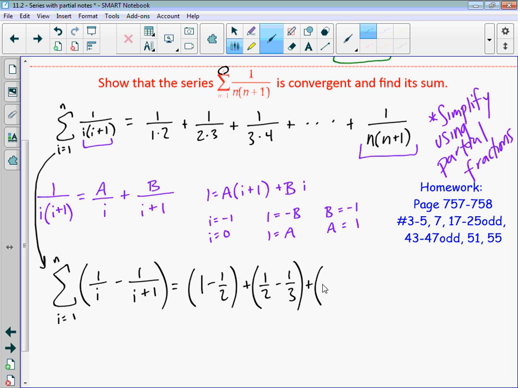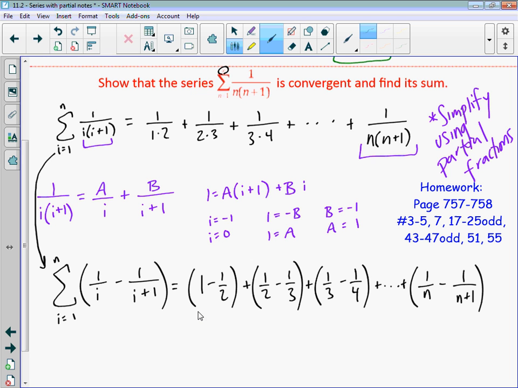Plug in the next one. We get a third minus a fourth. And then I'm going to do a dot, dot, dot here. And let's plug in the last one. So the last one is plugging in what? n. So if I plug in n, I get 1 over n minus 1 over n plus 1.